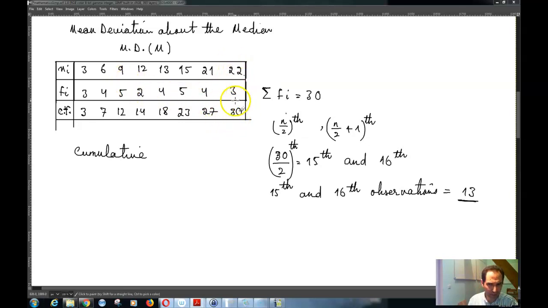So I suppose this part of the table is called discrete frequency distribution.